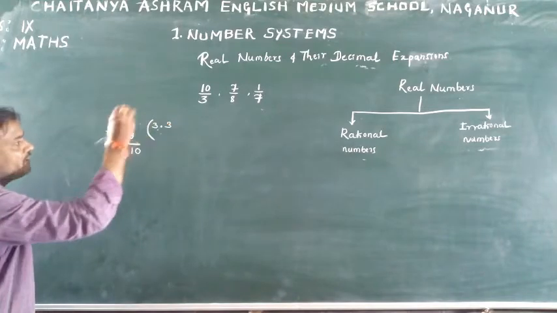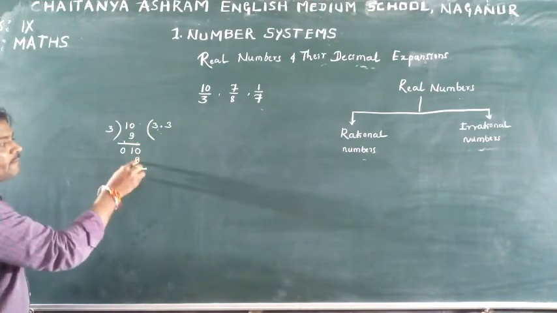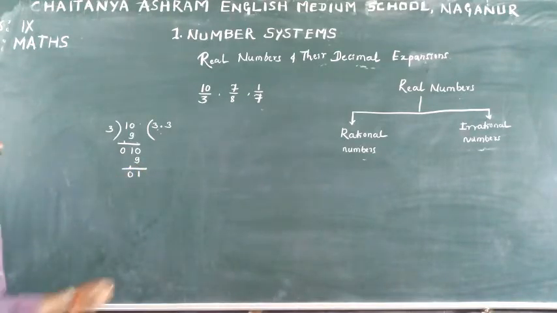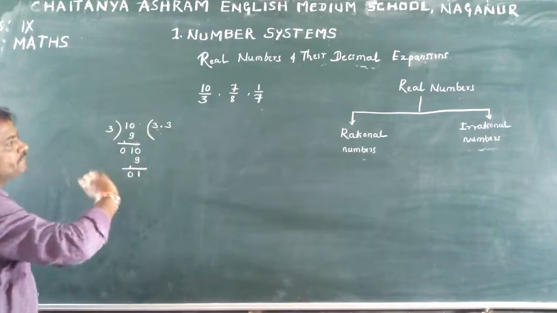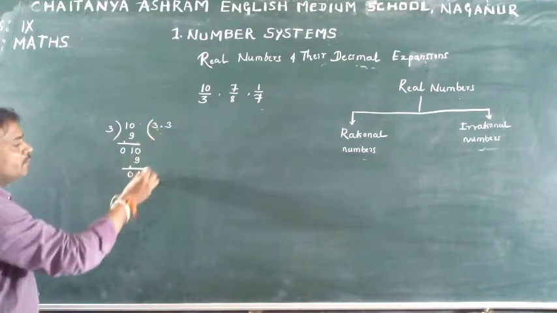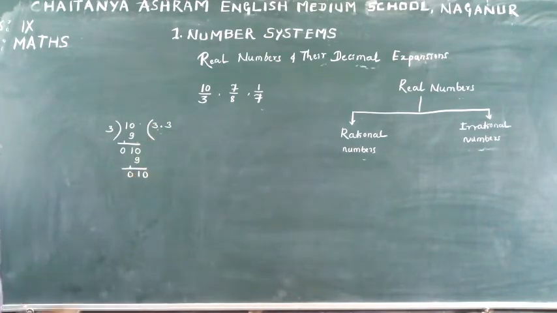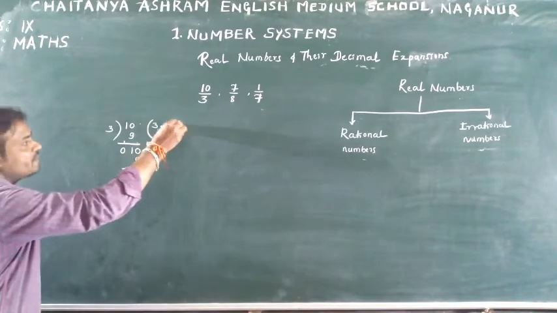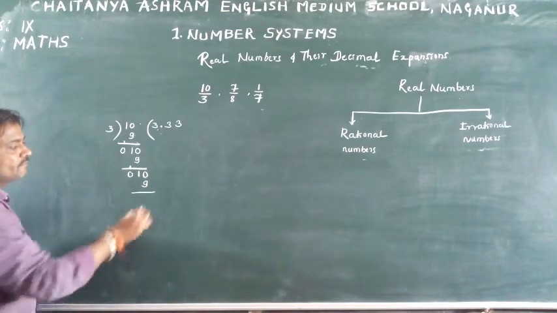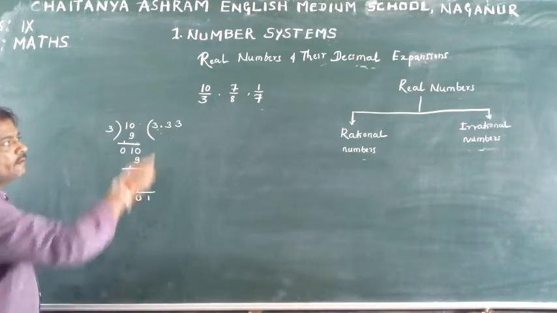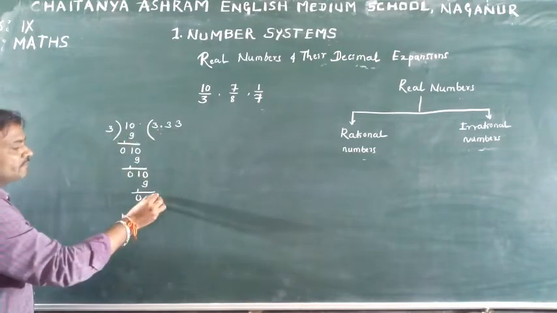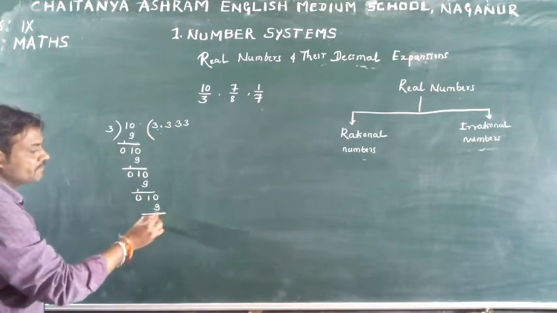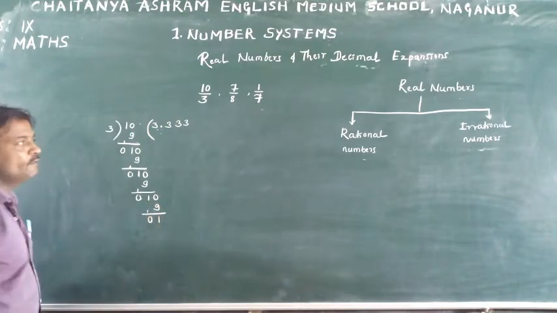Again 3 nines are 9, 10 minus 9 is 1, and write 0. Again 3 nines are 9, 1 0.